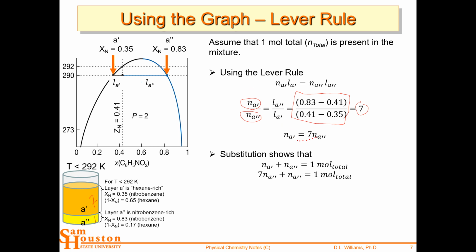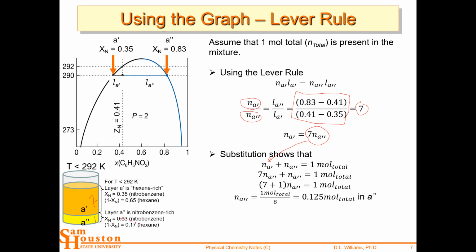So then we substitute that into this equation. So the moles of A prime is 7, so this piece goes in for this. And we have 1 total mole. This was an assumption. And so then this is going to be 1/8. So the total number of moles in A double prime is 0.125 moles. So that's the total amount of moles in this bottom layer.